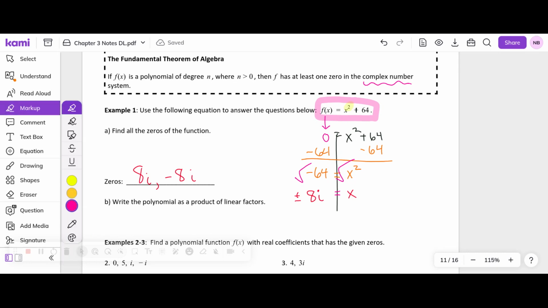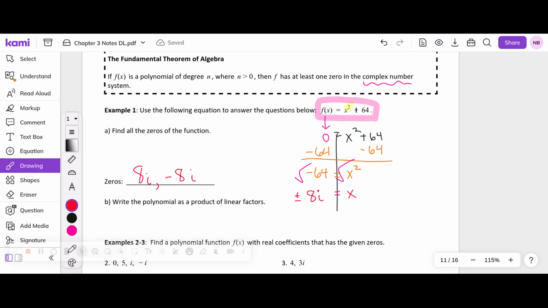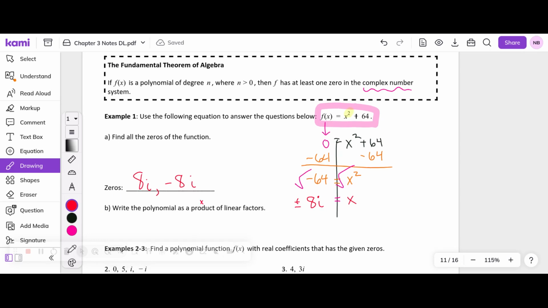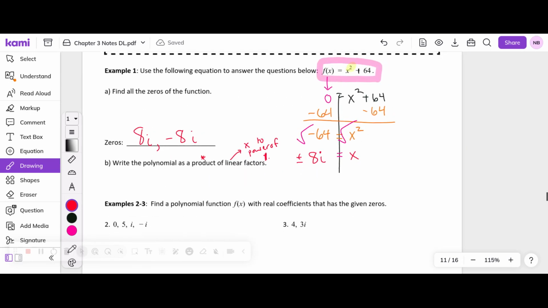And then part B says to write the polynomial as a product of linear factors. So a product means multiply. So we want it to be a multiplication of linear factors. This means it's x to the power of 1. So we can't have x squared or anything more than power of 1.